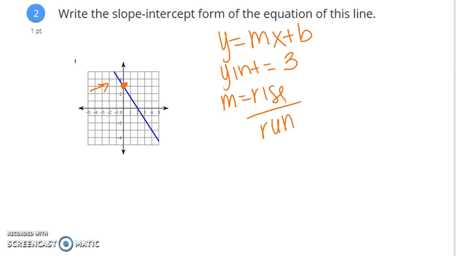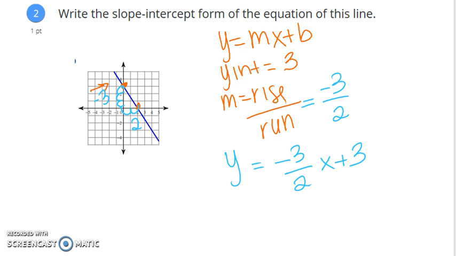So if I find another point on my line right here at 2, 0, you'll notice that this line is actually decreasing. So I'd be going down 3 and then to the right 2. So my slope is negative 3 over 2. When I write this as y equals mx plus b, all I have to do is fill in the information that I found.